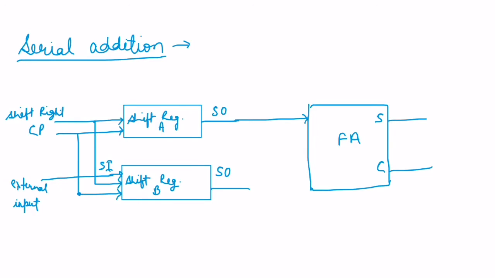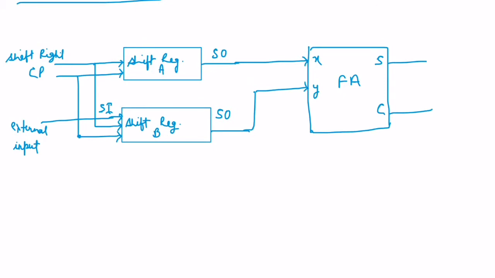These two signals are given to the full adder inputs, represented by X and Y, and the third input is the previous carry. Initially the carry bit must be in zero state. To store the previous carry bit, we will use a storage cell, that is a flip-flop. We will use a D flip-flop.